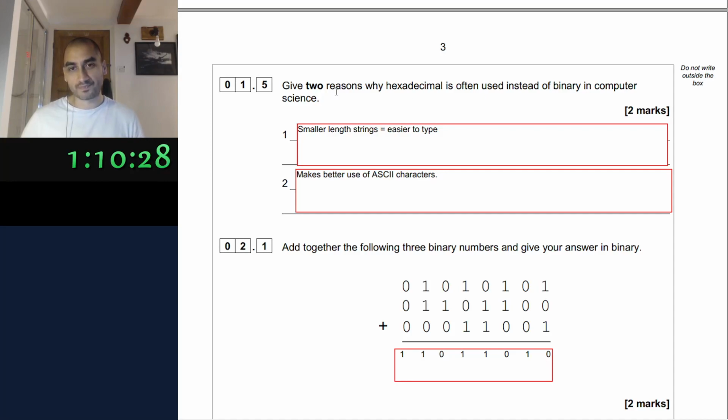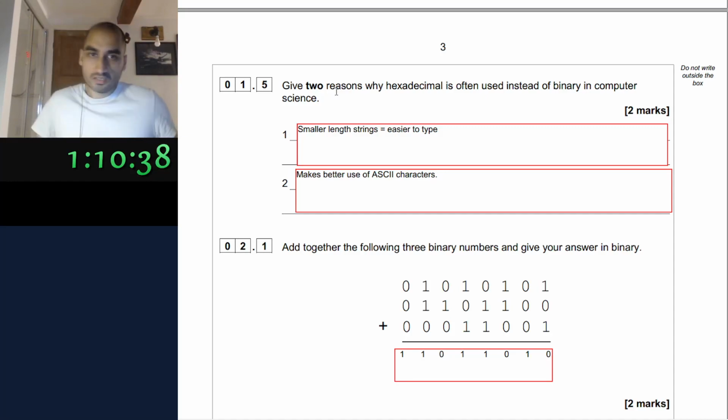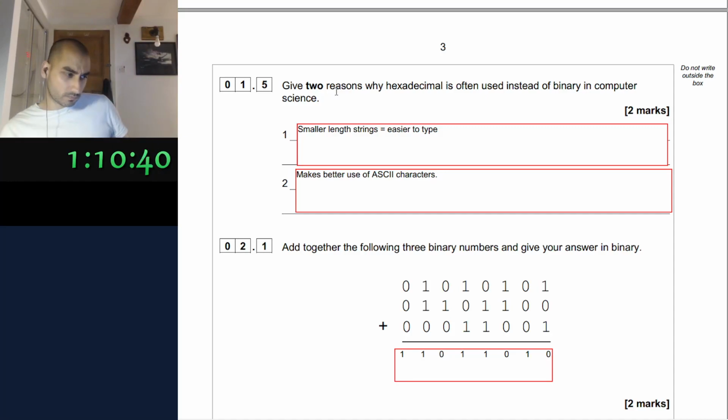That's literally the difference between it and binary. It's shorter. So what other reason is there? I don't know. It all comes down to how many characters you type, surely.